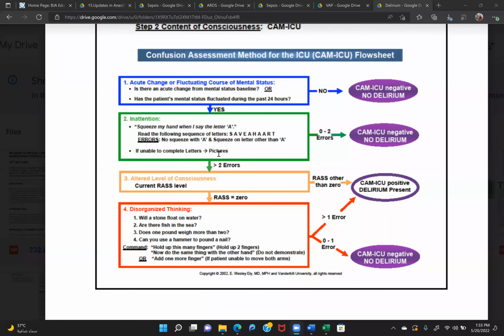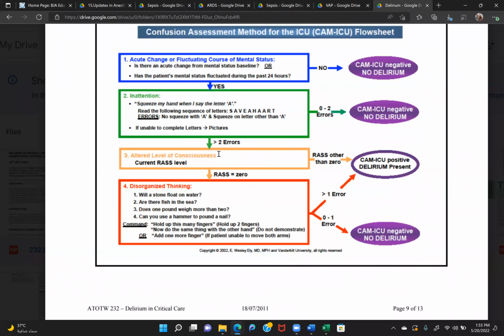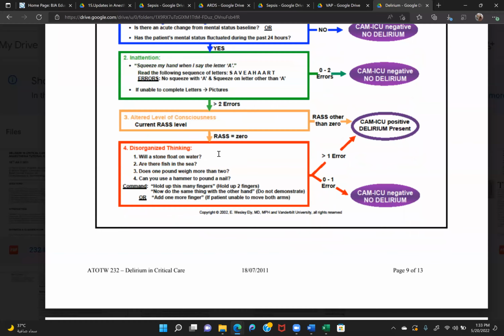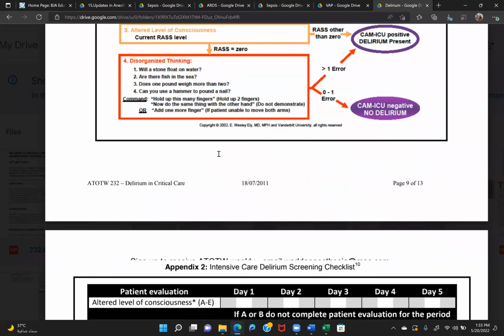Okay, so FIDA, actually I couldn't recall, I wrote it a little differently. Fluctuating mental status, inattentive behavior, then disorganized thinking, and altered sensorium. That's how you will be evaluating the patient.